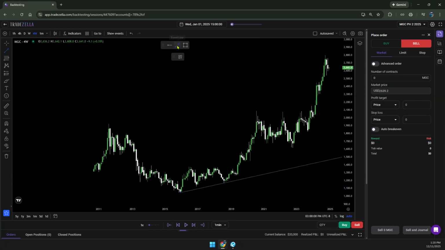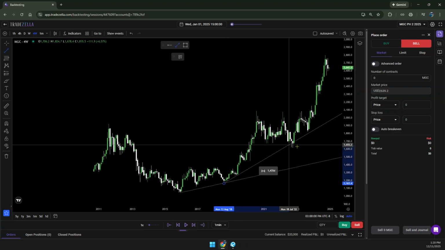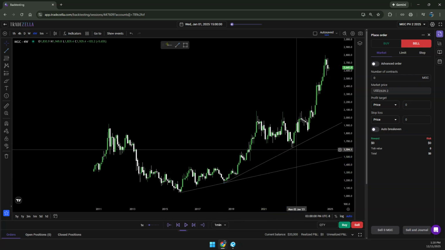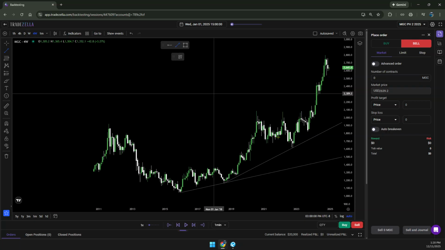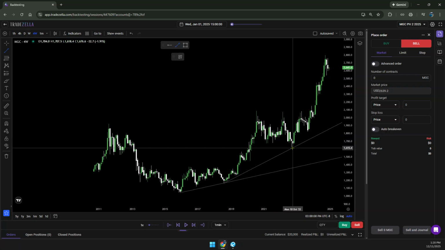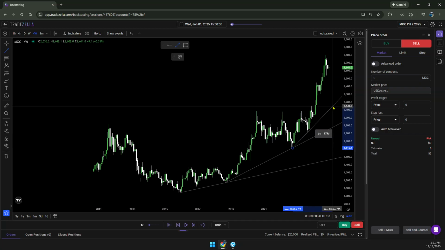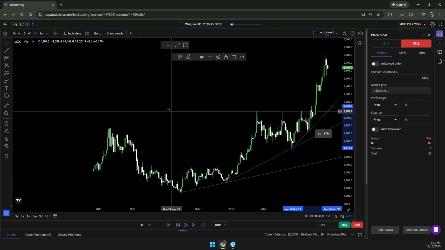If you're not a trend line trader, you want to set your chart up exactly how your system is set up normally. Don't skip it. Don't cut corners. I got a little lag on this for some reason.